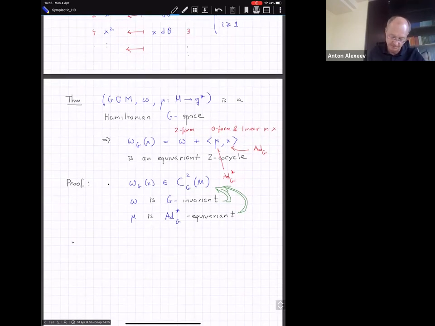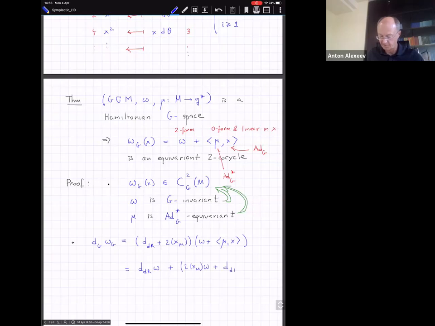And of course, we need to compute d_g omega_g. So this is equal to d_DR omega plus iota_{X_M} omega plus d_DR mu_X.